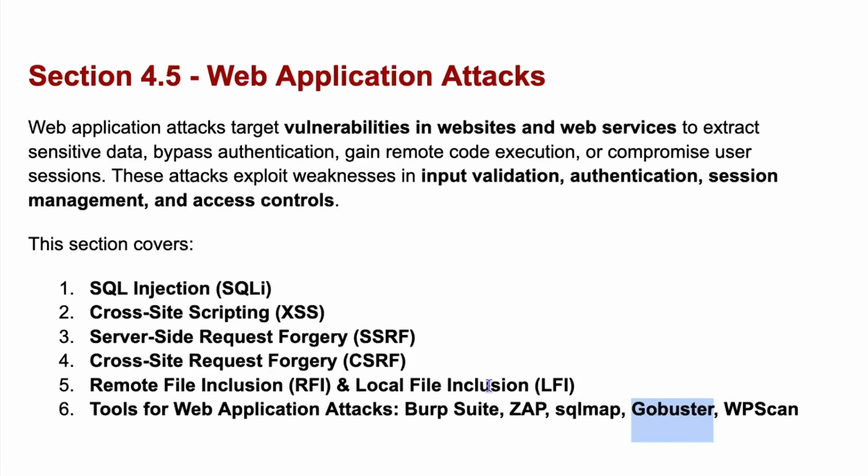GoBuster is a really great reconnaissance and enumeration tool. It's a command line tool that will allow us to find subdomains, files and folders, directories, anything of the sort that we could potentially find sensitive information in. And then there's WPScan, which is specifically designed for WordPress, and we'll be talking about that as well.